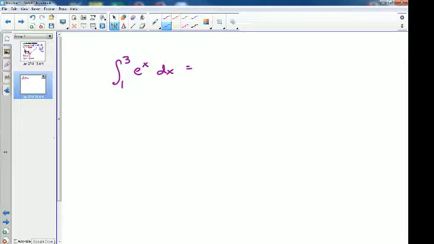We cannot do this geometrically because it's a curve, correct? There's no exact way to do it. So let's see, an antiderivative of e to the x is? And that is? And you're done. Nothing you can do with it, right?